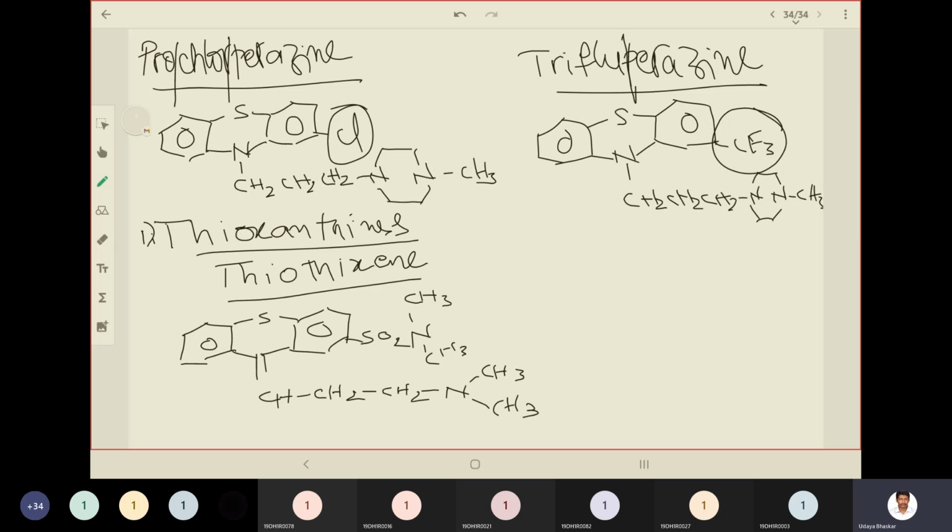Okay. So thiothixene will have a difference at this position, and you have a double bond here to the side chain, and here nitrogen.